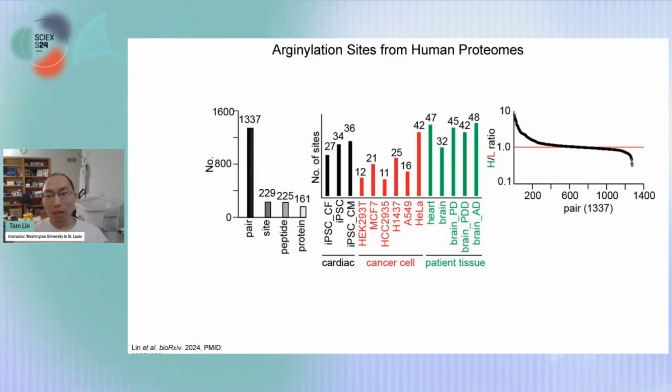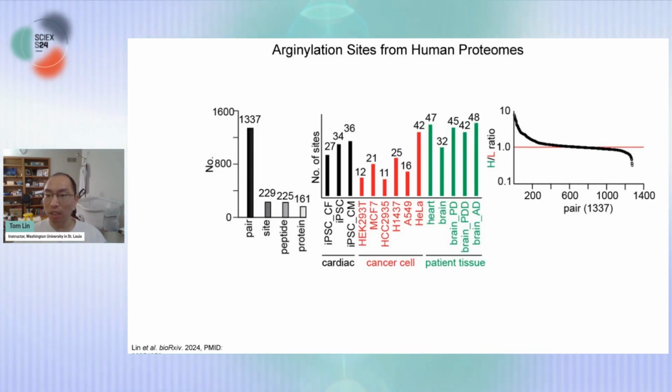And moving one step further, we applied this platform to patient samples, for example, patients with heart failure, the brain, and also other brains with cognitive dysfunctions such as Parkinson's disease with dementia, and also Alzheimer's disease.